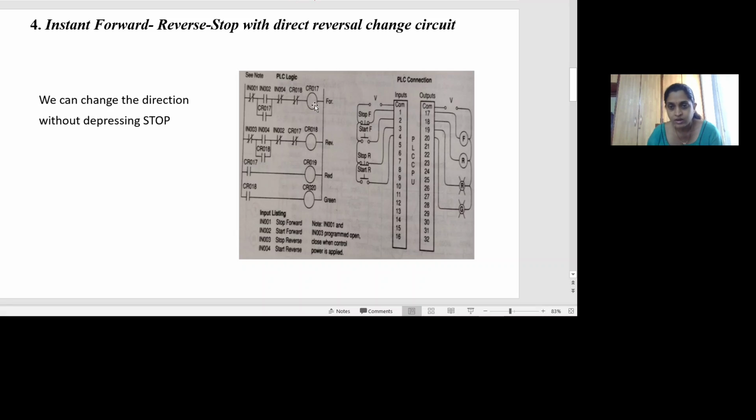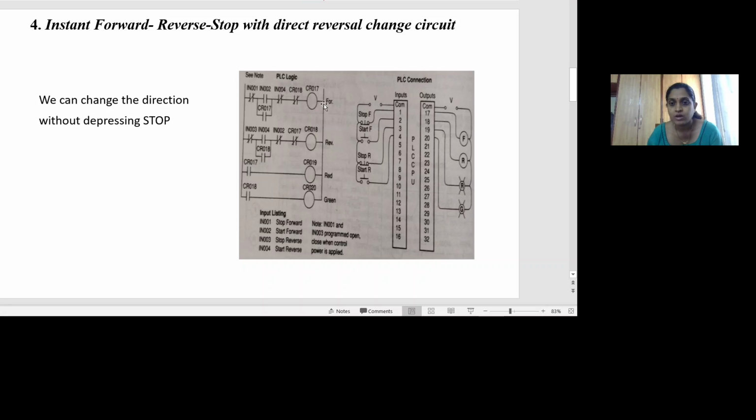Next, as I explained in the last session, the motor can run in either one of the directions. It can't run at a time in both the directions, so that mutual interlock is needed. For that purpose, in the first rung, I've used a contact CR18. It's a normally closed contact, and whenever the motor is running in the reverse direction, this coil output will be 1, and that energizes the contact CR18, so it will be open.